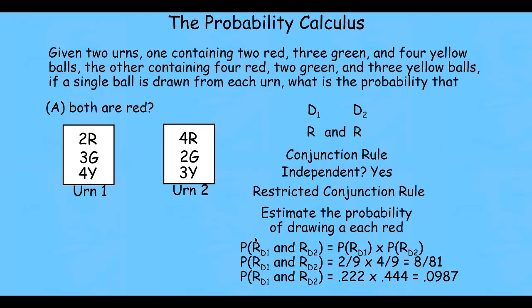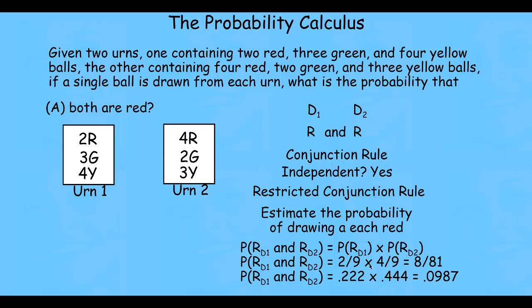The probability of drawing a red on the first and a red from the second urn is going to equal the probability of drawing a red from the first urn times the probability of drawing a red from the second urn. Using that classical interpretation, the probability of drawing a red from the first urn is 2 divided by the total number of balls, which is 9. So 2 over 9 times the probability of drawing a red from the second, 4 over the total number of balls, 9, 4 over 9.